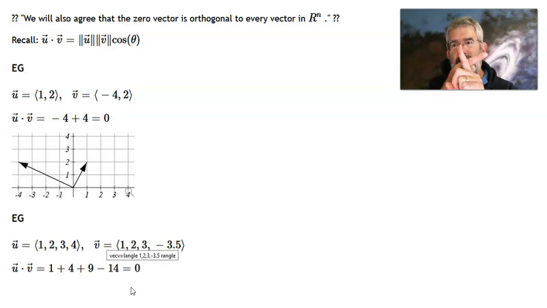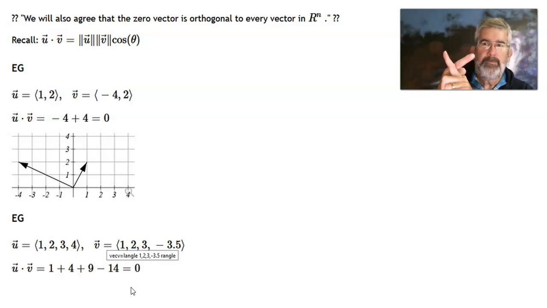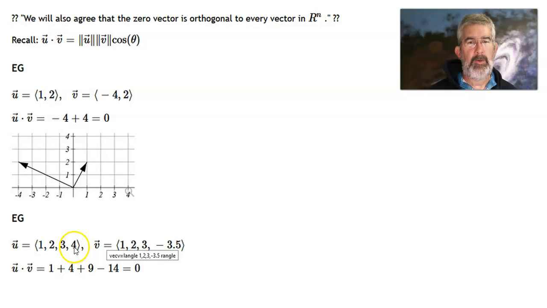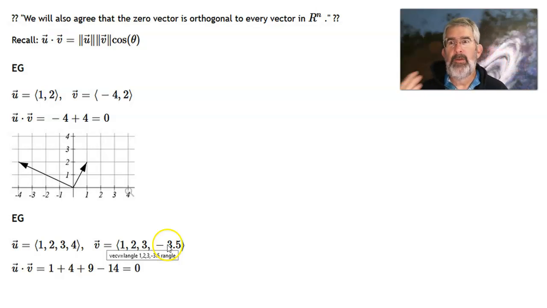Now, I've specifically made one of them a little longer than the other, because the fourth component of this one, 4, is a little bit bigger than that one, but they're perpendicular to each other. Their dot product is 0. They're orthogonal.